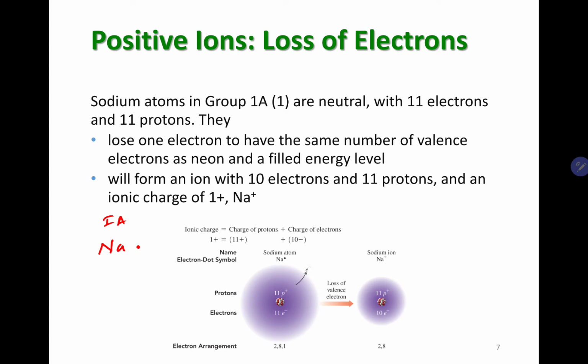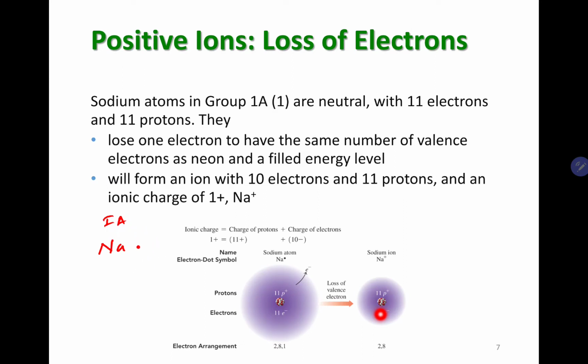Because for representative elements, where the group number has the letter A after it, the group number is equal to the number of valence electrons. Sodium is a representative element because you have the letter A next to the group number, so the group number is equal to the number of valence electrons.